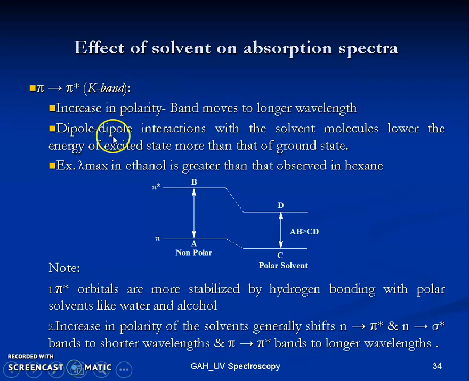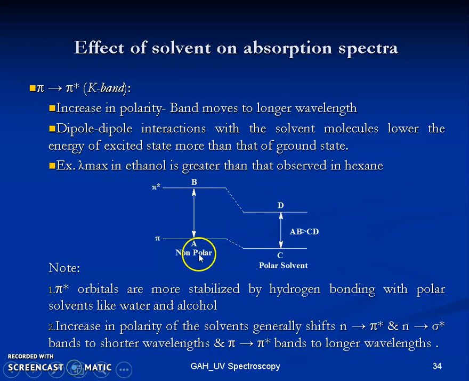The dipole interactions with the solvent molecules lower the energy of the excited state more than that of the ground state. If there is a lot of dipole interaction, the energy of the excited state is lowered more. You can see the distance has been lowered when compared to the ground state. So AB is quite higher compared to CD.